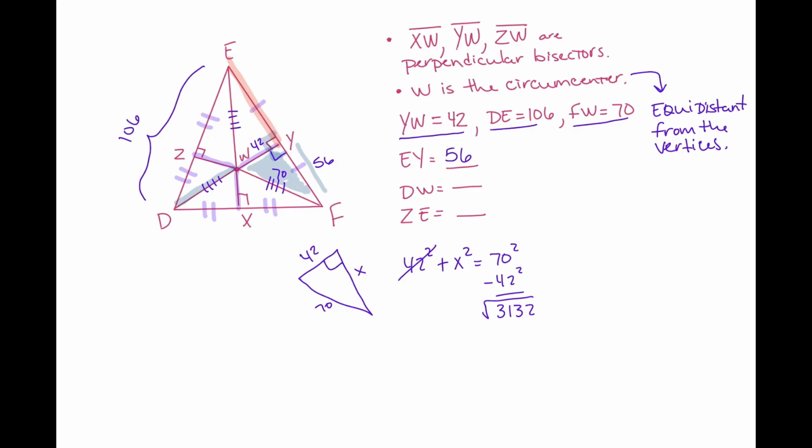Yes, we do know that that is the same as FW. So what's the value? You can write that down. And then we're going to look at ZE. What do we know about ZE? ZE is half of 106. 106 is what DE is. ZE is half of that. So we're going to take 106, divide it by 2, and you get your answer.